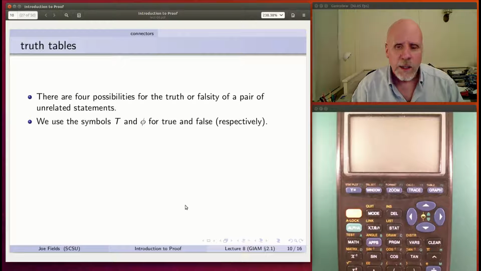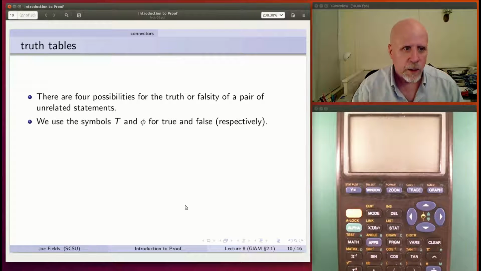Yeah, just a convention that is carried out in JIAM and that I'm going to stick with in these lectures. Commonly people use T and F for true and false, and unfortunately, if your handwriting stinks as much as mine does, F's easily end up looking like T's or vice versa.